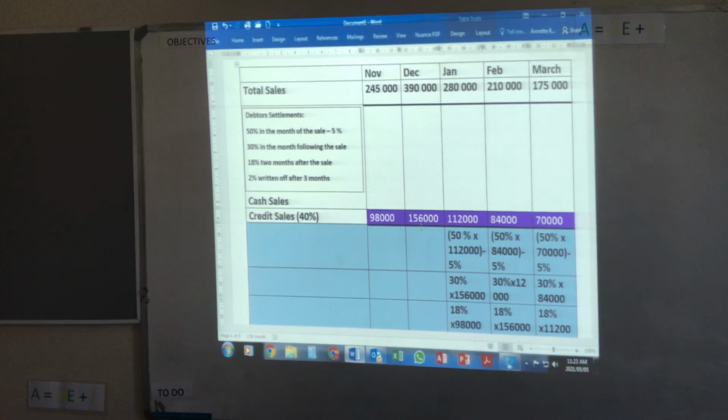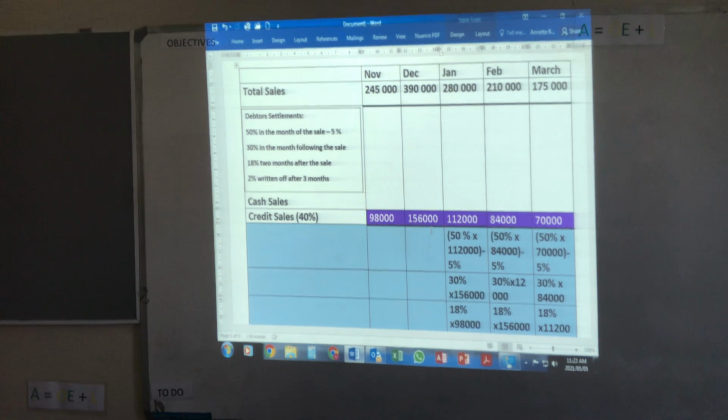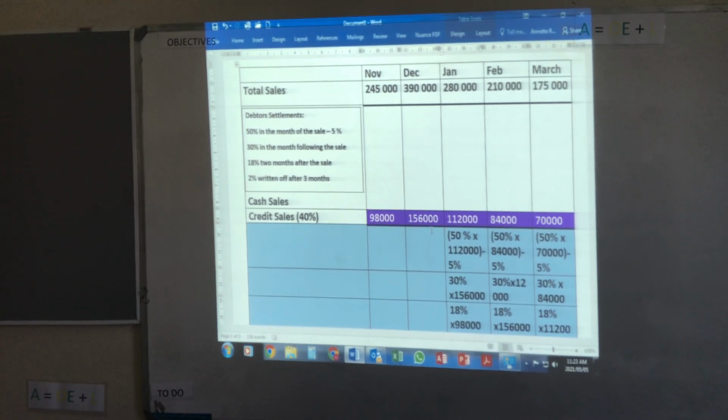Okay, I'm going to say that again. Remember, this is debtors collection. So we are not in the collection worried about what we're not getting. We want to know what we are getting. Okay. But if you were to answer the question, what is the amount that's written off?